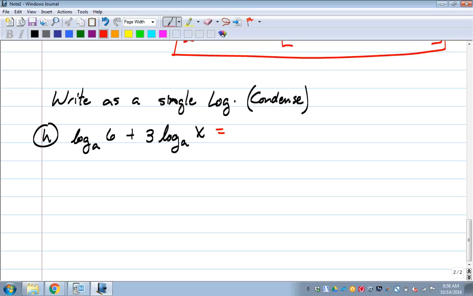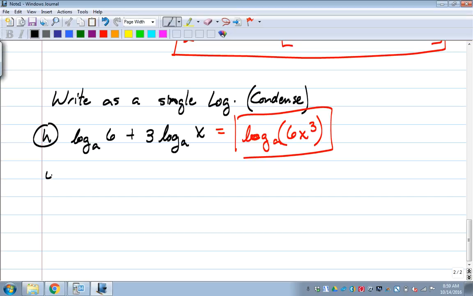A multiplication problem because it's a plus sign in between. What does this turn into? Exponent of 3. So log base A of 6x to the third, right? Easy as it gets right there, guys.